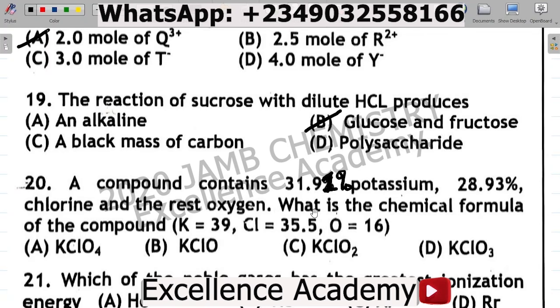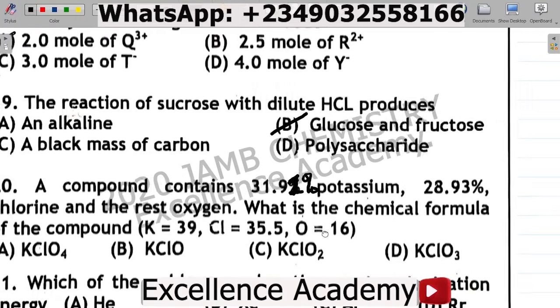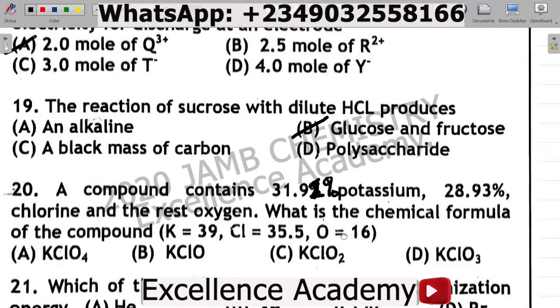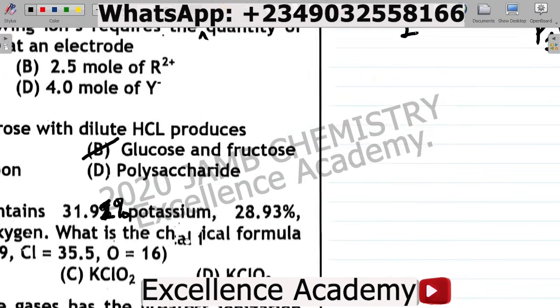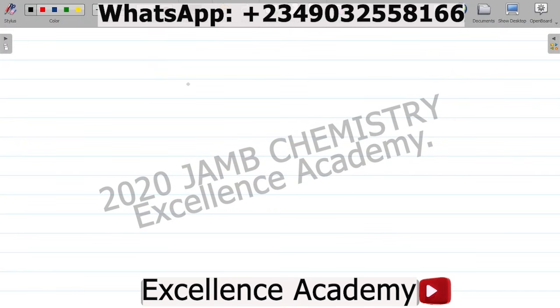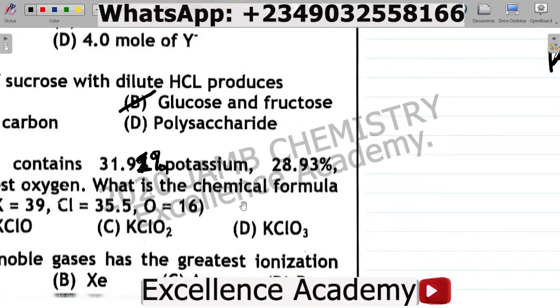So how do you solve this question here? Now, what we'll do is very simple. For each of them, let's try to get the elements involved. You have potassium, that's K, chlorine, Cl, and then oxygen, O. Let's get their percentage composition.